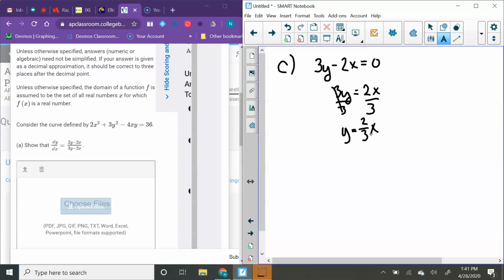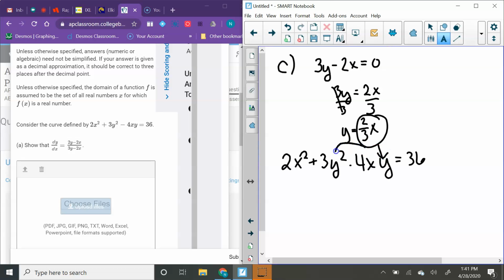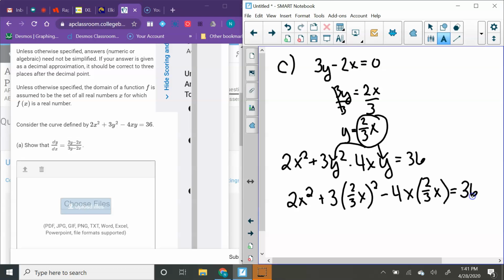So you're going to take this information, and you're going to plug it into 2x squared plus 3y squared minus 4xy equals 36. You're taking this right here, and you're plugging it in right here and right here for your y's. So you got 2x squared plus 3 times (2/3 x) squared minus 4x times 2/3 x equals 36.